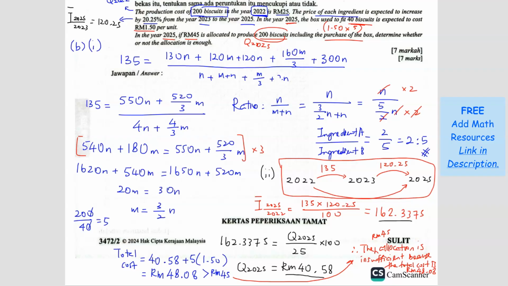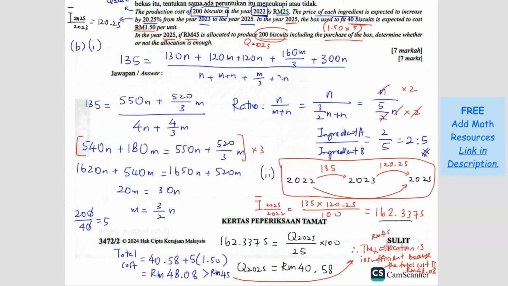Okay, so you want to find total cost now. So 40.58 plus the price of the box. The box is 5 times 150, because each box is 1 ringgit 50 cents, and you want 5 boxes to fit 200 biscuits. The box is only for 40 biscuits, so you must times 5.